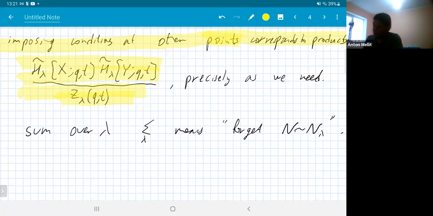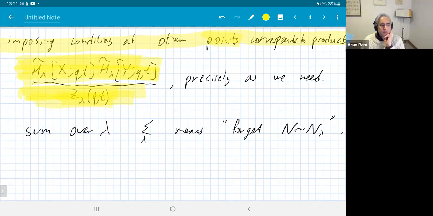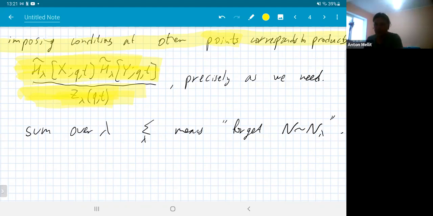In this case, we really will obtain a product of two Macdonald polynomials with z_λ in the denominator. But is that now an expansion in terms of monomials again? Yes, this is in terms of monomials.